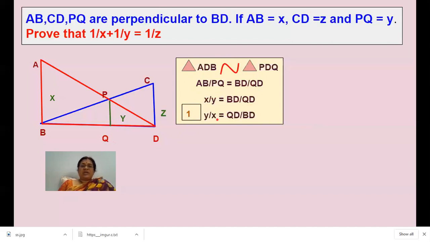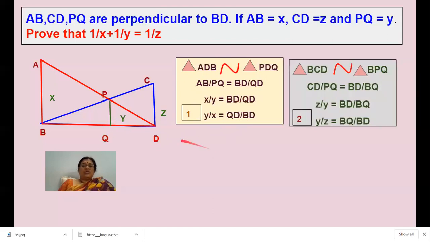In this step, I have reversed it. Naturally, LHS and RHS both you have to reverse at a time, so that there will be no change in the value. Now I'll compare two more triangles on this side. See, this blue triangle is there, no? This blue triangle is the triangle BCD, and the small triangle is BPQ. I'll compare it with the big triangle.